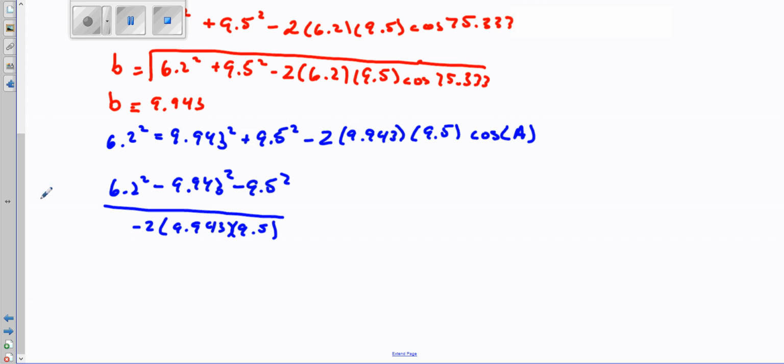Then we take the inverse cosine of this, and that is going to equal the measure of angle A. I'm going to pause it.